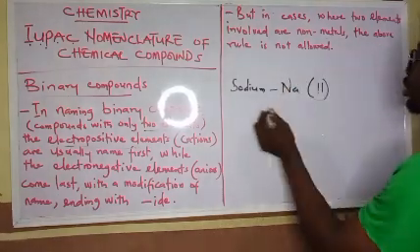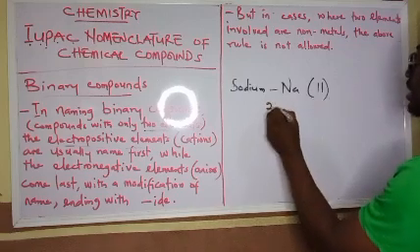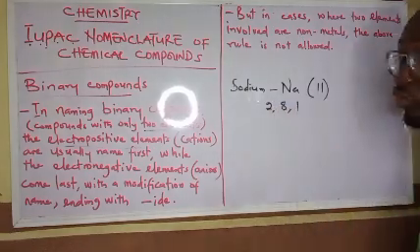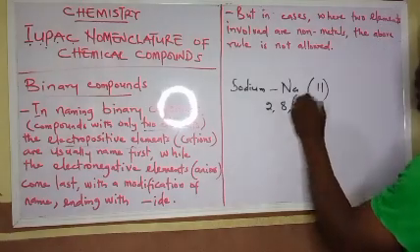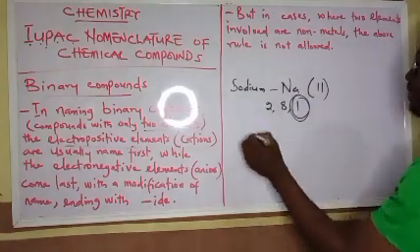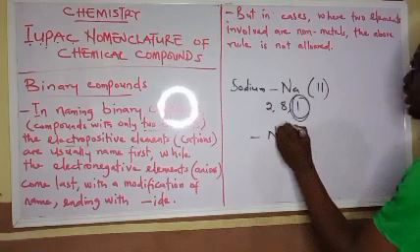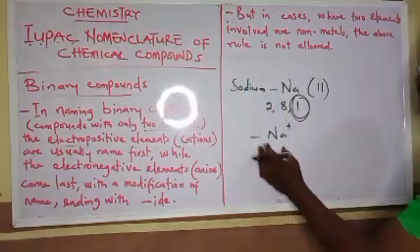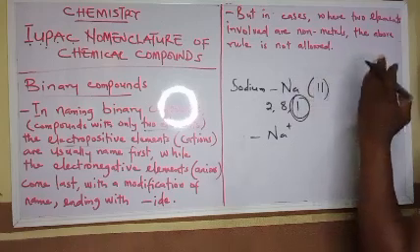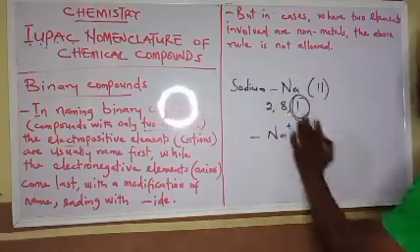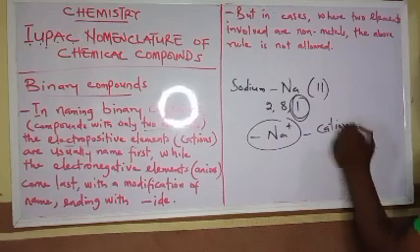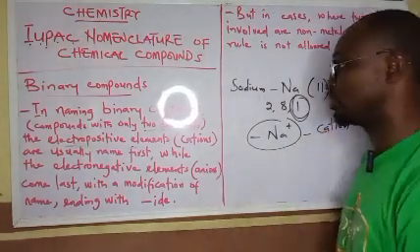Its electronic configuration is 2,8,1. So anytime it loses this electron, it becomes positively charged. So we say that sodium is an electropositive element, that is, it becomes a cation. A cation is an ion that carries a positive charge.